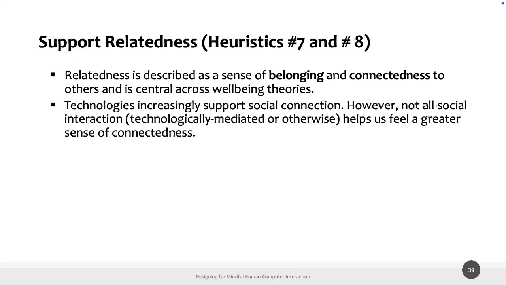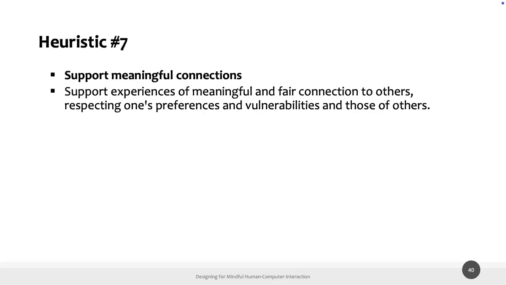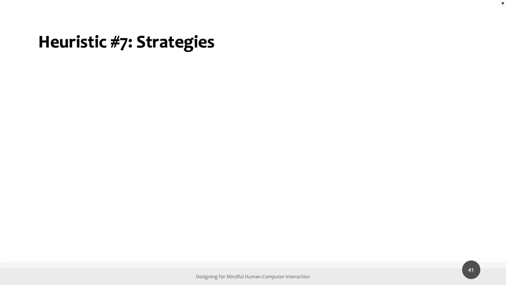And finally, we have two heuristics about relatedness. The first one is support meaningful connections. So support experience of meaningful and fair connection to others, respecting one's preferences and vulnerabilities and those of others. And here are the strategies.